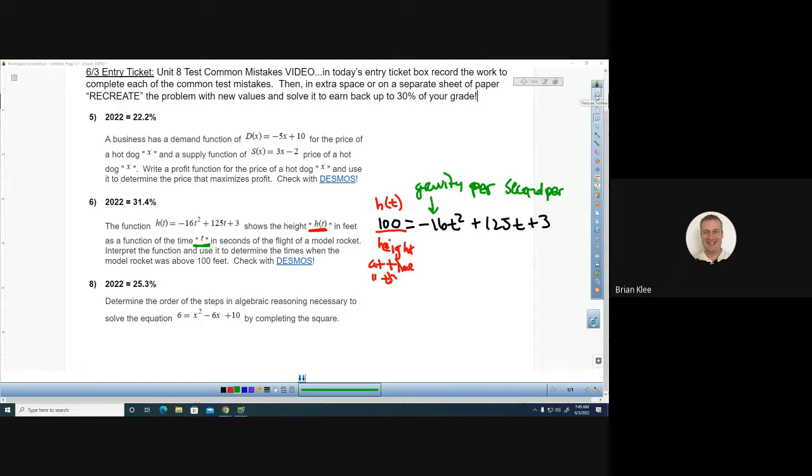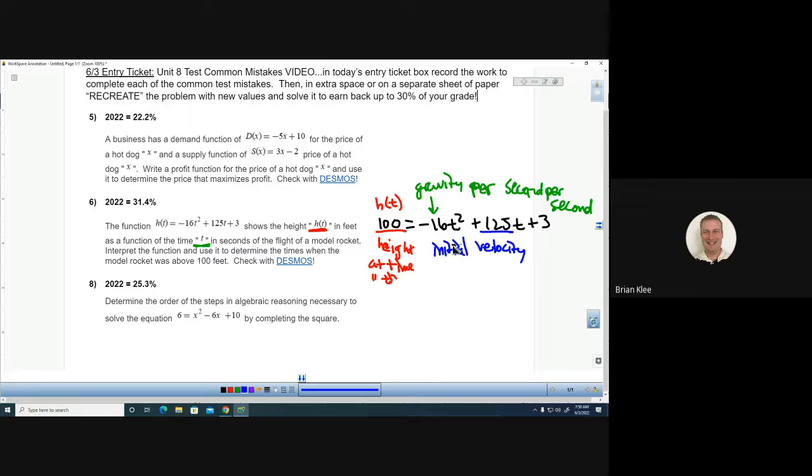Gravity is pulling things down faster than they go up, unless your velocity would ever match what gravity is doing to pull it down. 125 is the velocity, and it's the initial velocity, the beginning velocity.